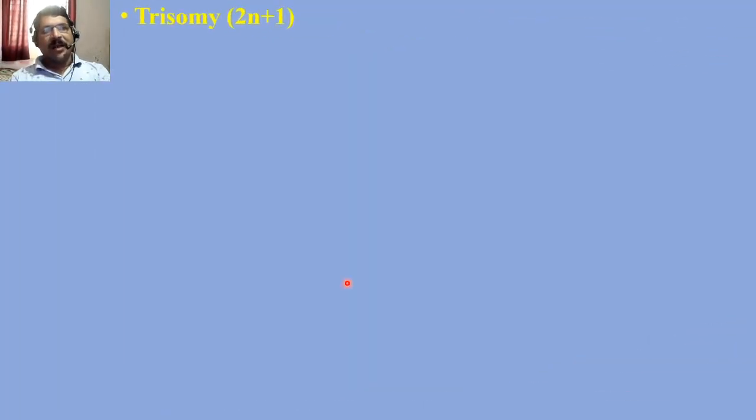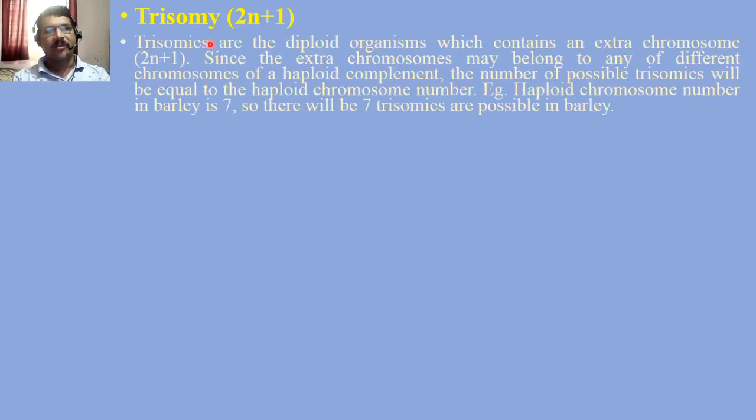Now we will see the 2 types of hyperploidy, as we have seen. Trisomy is when only one chromosome is added into the genome, or into the basic chromosome set. Trisomics are diploid organisms which contain an extra chromosome, that is 2n+1. Since the extra chromosome may belong to any of the different chromosomes of a haploid complement, the number of possible trisomics will be equal to the haploid chromosome number.